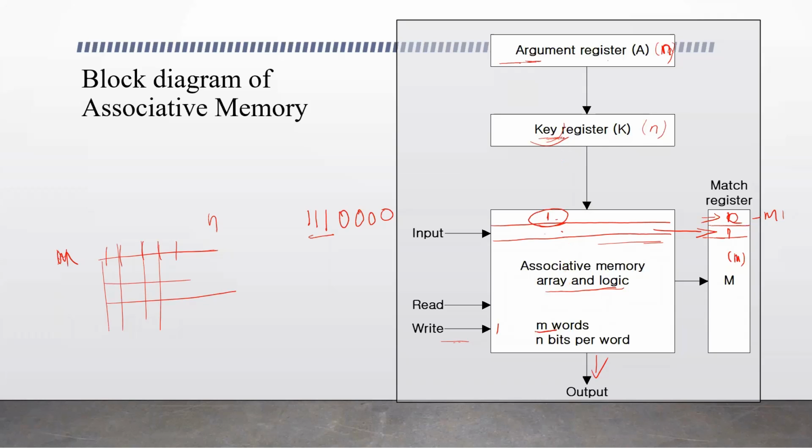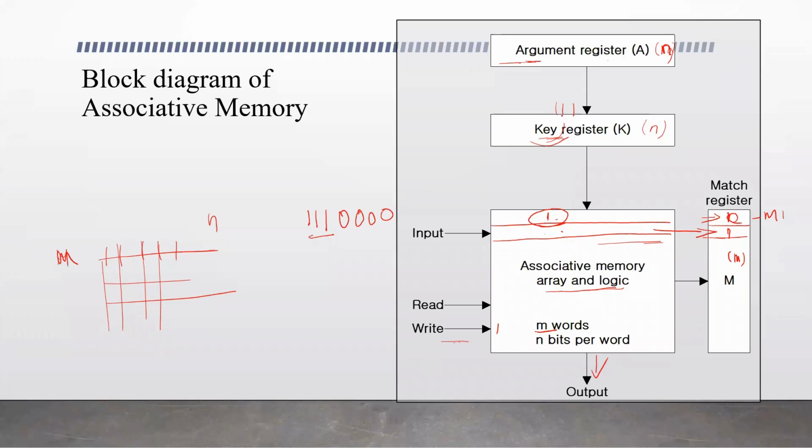We set the bits, and those corresponding bits in the key register are set to 1. If it is bits 2, 3, and 4 in the word in the argument register, and the same bits in the words in the associative memory to be searched, then the corresponding bits are set to 1 in the key register. The key register indicates which particular bits in the words are to be compared.